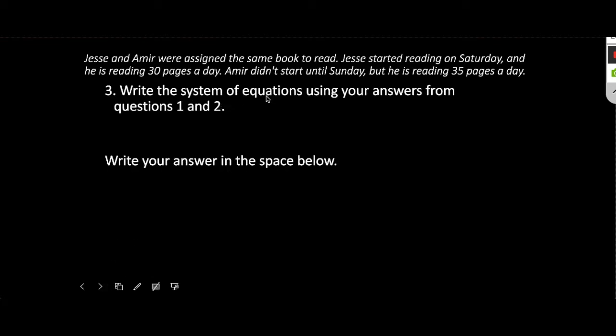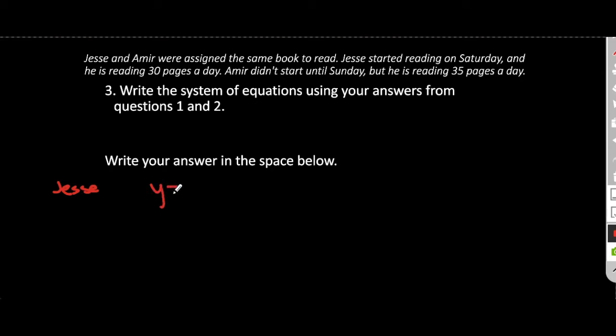Number 3, it says write the system of equations using your answers from questions 1 and 2. Write your answer in the space below. So I remember that the equation for Jesse is y is equal to 30x plus 30.